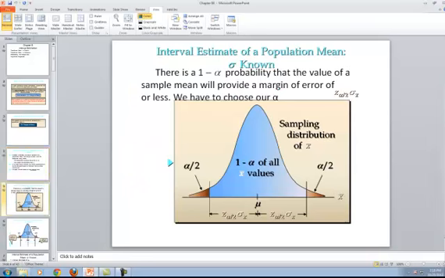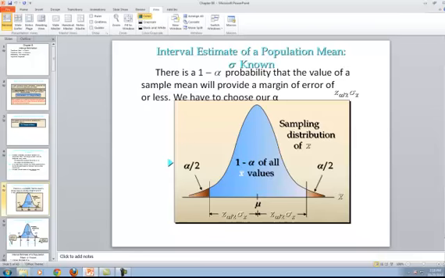This is basically how it works. We determine alpha, and from that we can determine 1 minus alpha. And 1 minus alpha will then be our degree of confidence that the true population mean is contained within the interval we have constructed. As you will see, on the right hand side there will be a value of z, and on the left hand side there will be another value of z, which will be the negative of the right hand side.